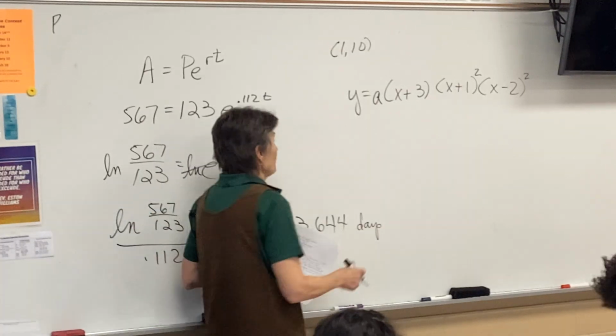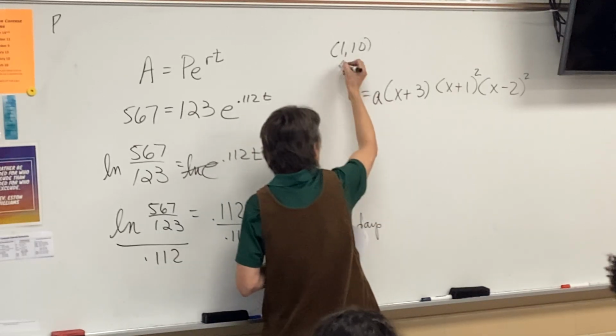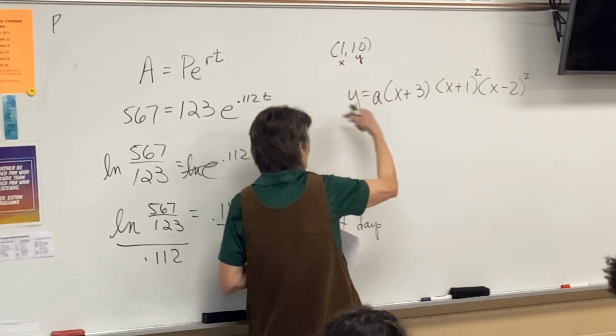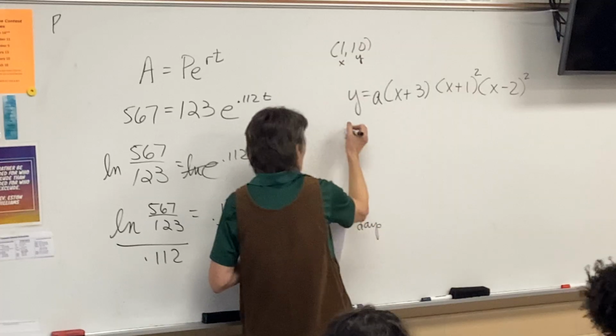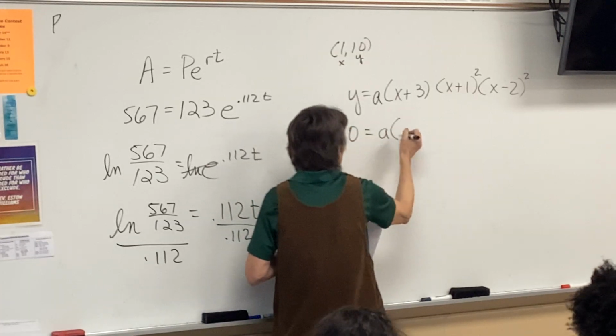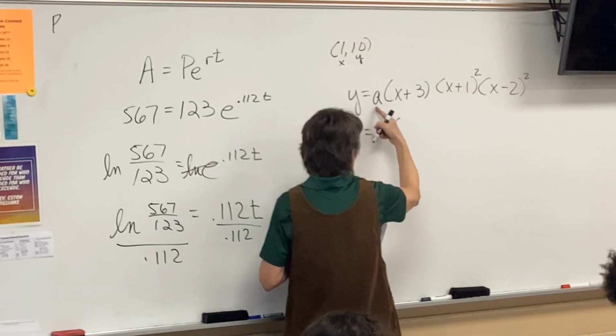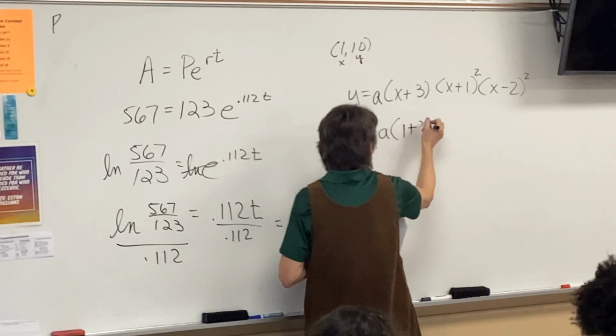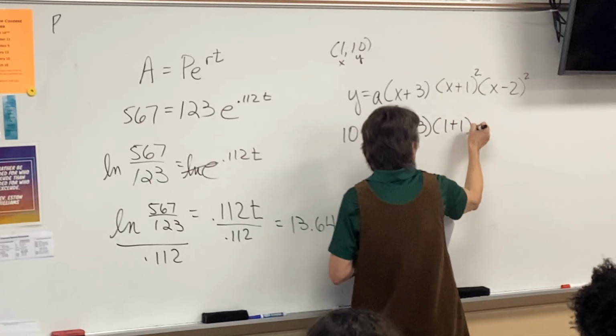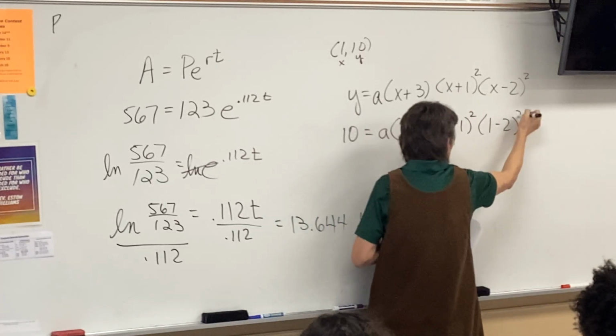To figure out what that leading coefficient is, I will just plug in the point that needs to work. So 10 equals a times (1 plus 3)(1 plus 1) squared (1 minus 2) squared.